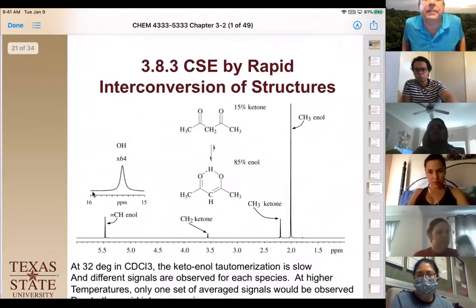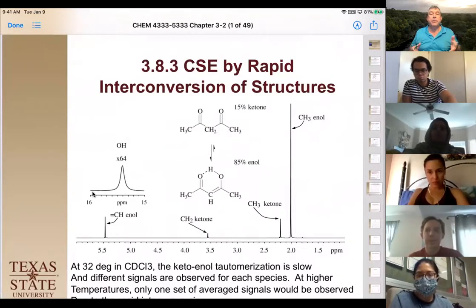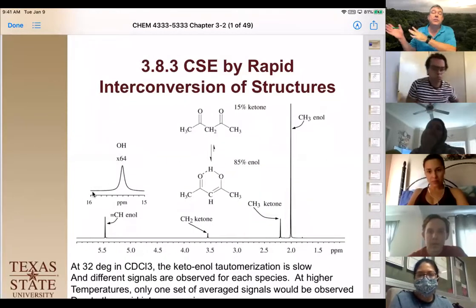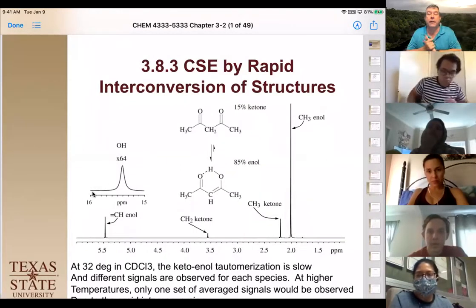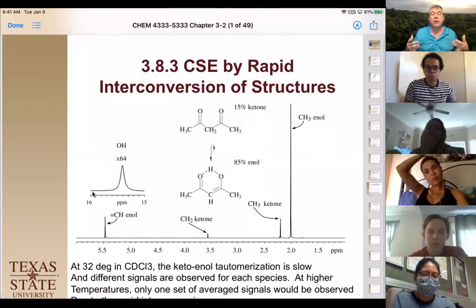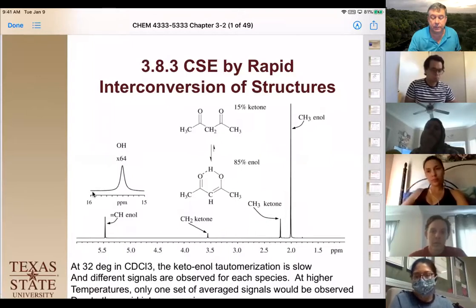So let's take the example of that enol-keto tautomerism, which we saw in the rapid exchange of oxygen, that it would show up that it can shift that appearance of that OH. And let's think about equivalent and non-equivalent structures associated with that.